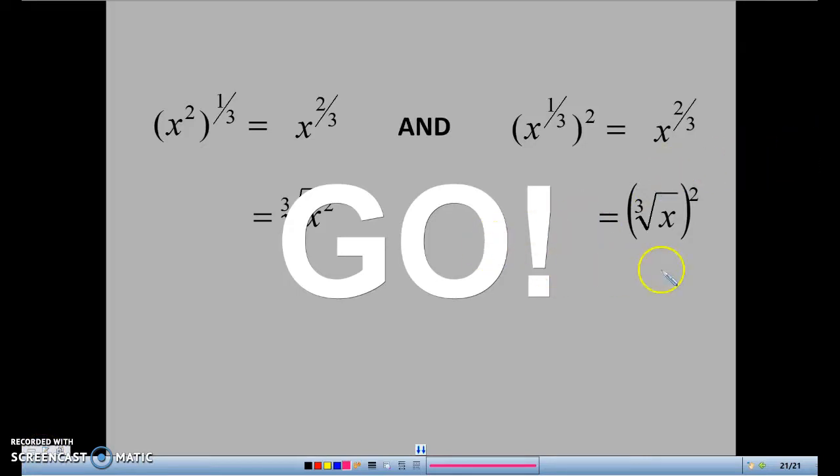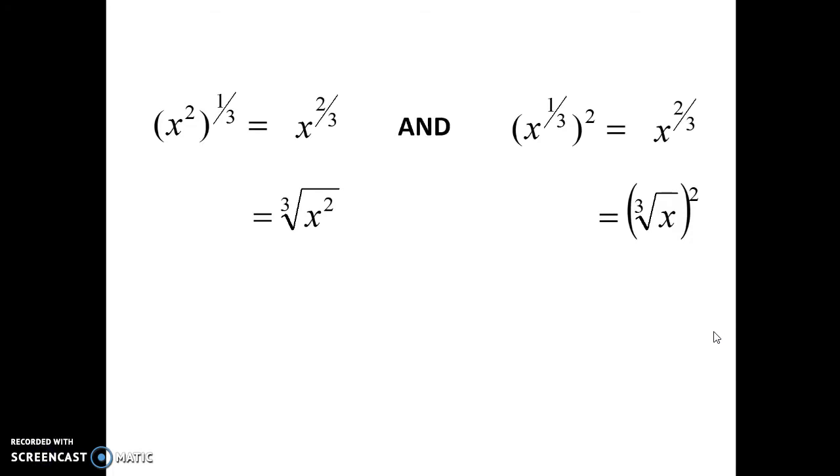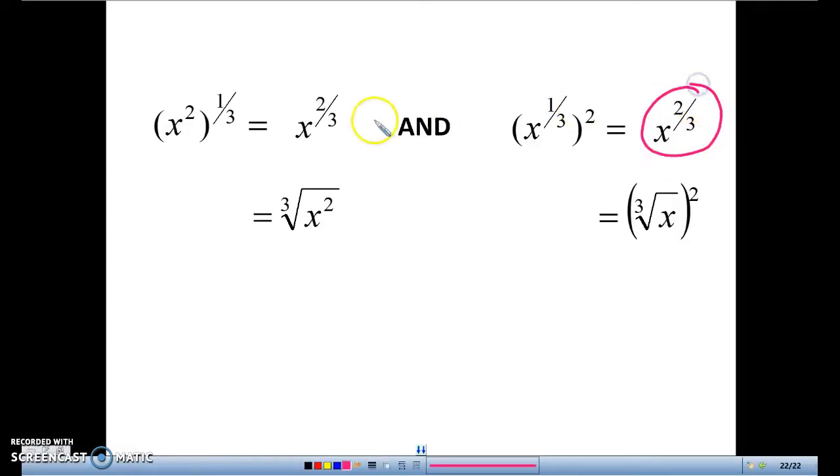Okay, so the point of all of that is if we have a rational exponent that's written like this, those are both the same, you can deal with it in 2 different ways and still get the same answer. You can make that exponent apply to your base of x and then take the third root of it.